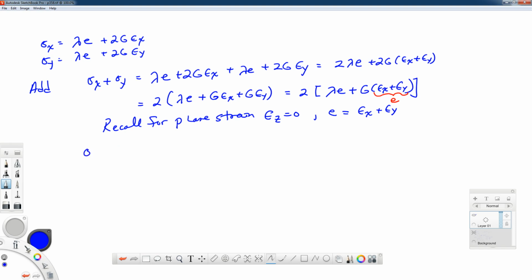So we can rewrite our sigma x plus sigma y as being equal to 2 times lambda e plus g e, trace of the strain tensor. And we can pull that out as 2 little e lambda plus g.